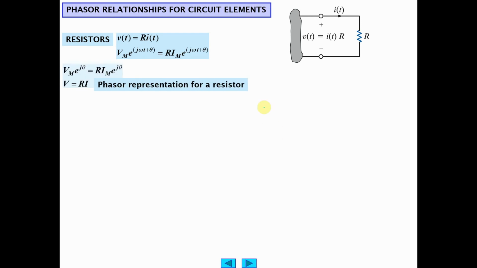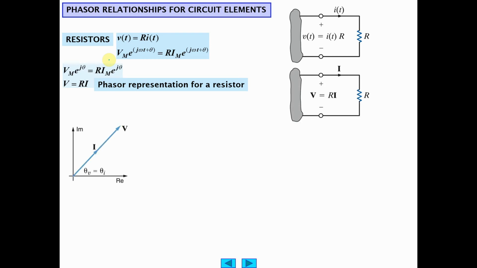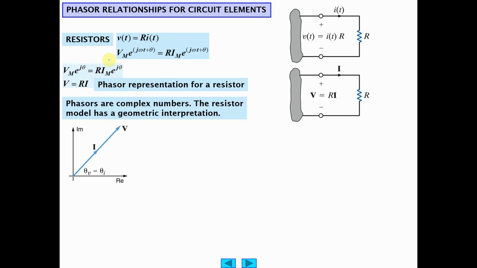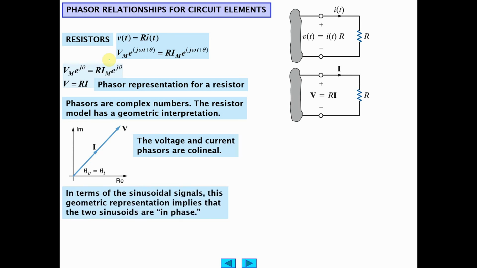Okay, let's think about how to use phasors in this way. The phasor representation for I, in this case, let's go down here. V and I track with each other. They are at the same phase angle. So if you have a resistive circuit, there's no change. The phase angle for voltage is the same as the current. If you graphed it, you're graphing the imaginary numbers on the vertical and the real part of a signal on the horizontal.